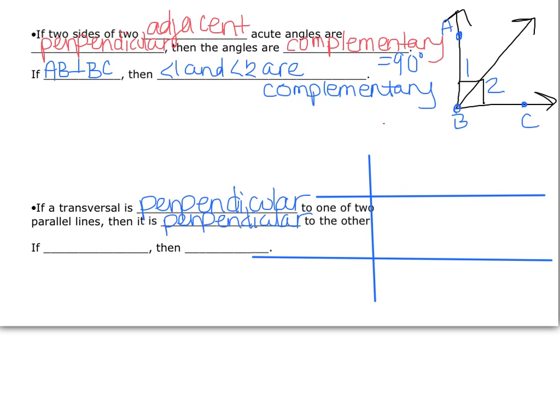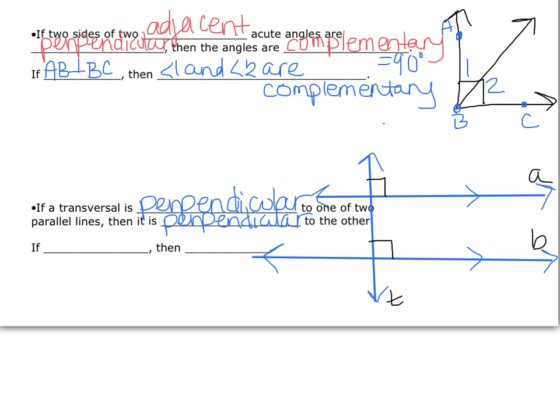If the lines are already parallel, and we know that this transversal is perpendicular to one of the lines, and we'll give this T, we'll say this is A, this is B, then it's also got to be perpendicular to the other line.